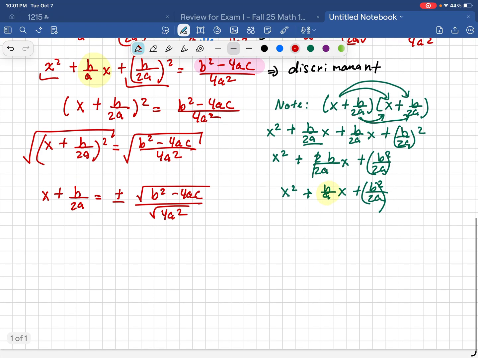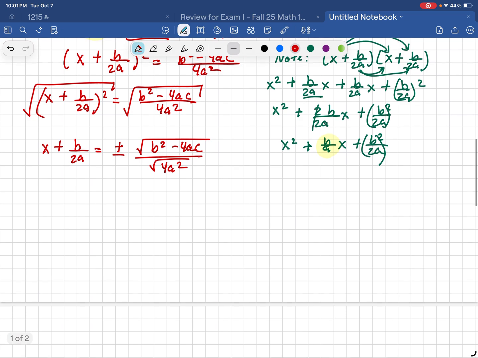Remember that the square root can be written as an exponent of 1 over 2, so it has the properties of exponents, and like demonstrated a minute ago, I can distribute that exponent into both the numerator and denominator. There's nothing I can do to the numerator, so it's just going to stay inside the square root. But now the square root of 4 is 2, and the square root of a squared is just a.